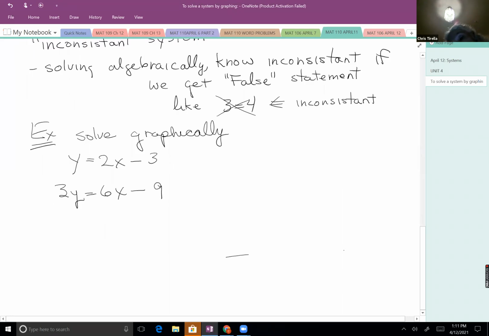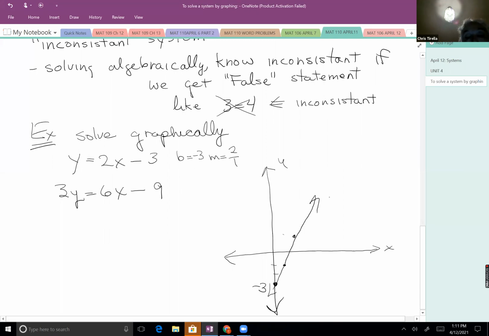And so I can graph that first line right away. It's in slope-intercept form. I begin at -3. And my slope is 2/1. So from here I go up 2/1, up 2/1. And I have my line y equals 2x minus 3. Everybody all right with that one?